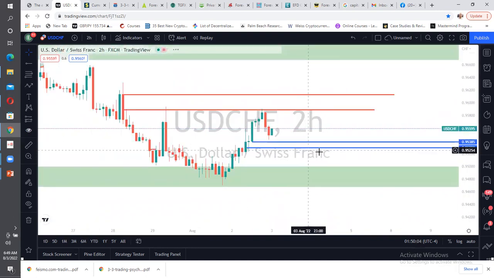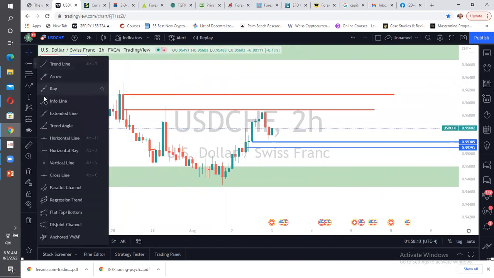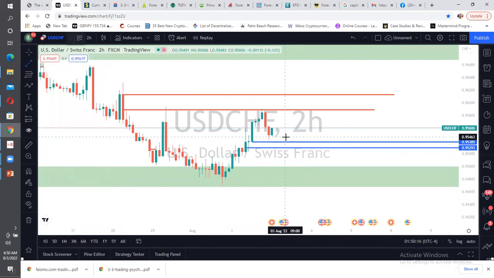Good. And also here we'll have this fair value gap here. And we'll have a fair value gap here, which is also an OB.